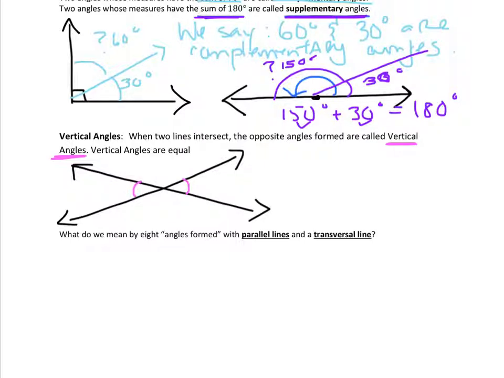Let's choose a different degree measure. Let's say this is 40 degrees. If that's 40 degrees, I know this one is 40 degrees because they're vertical angles. They lie vertically, opposite of each other. That's basically what vertical angles are.